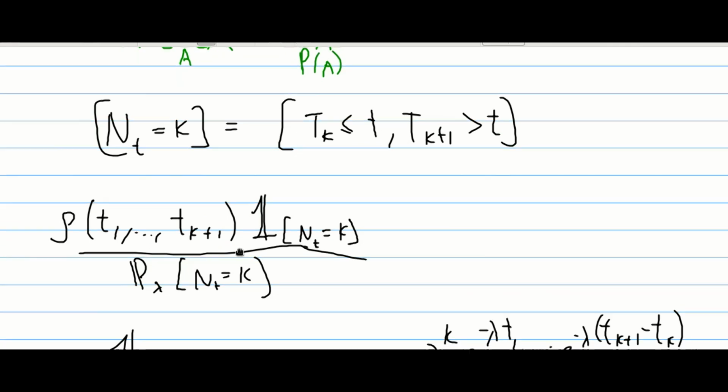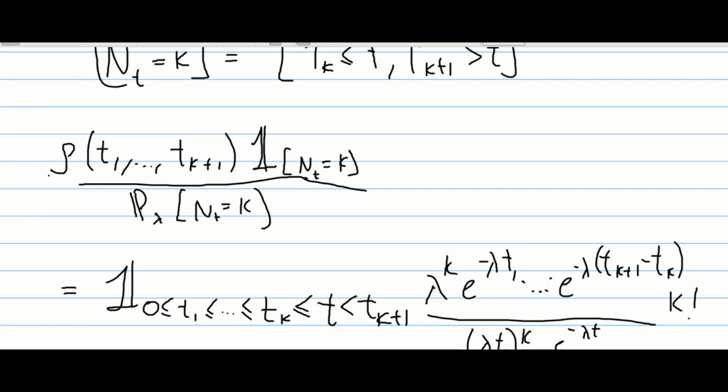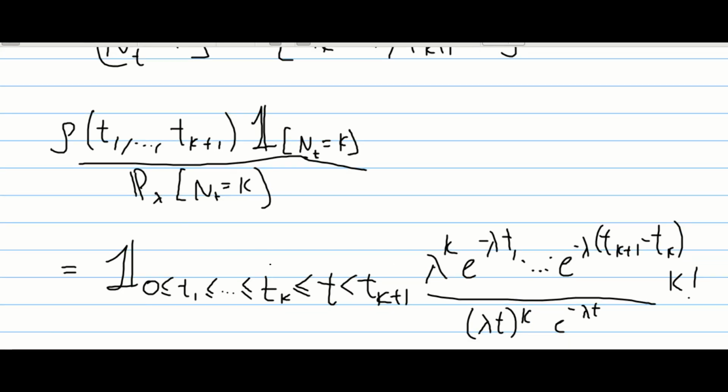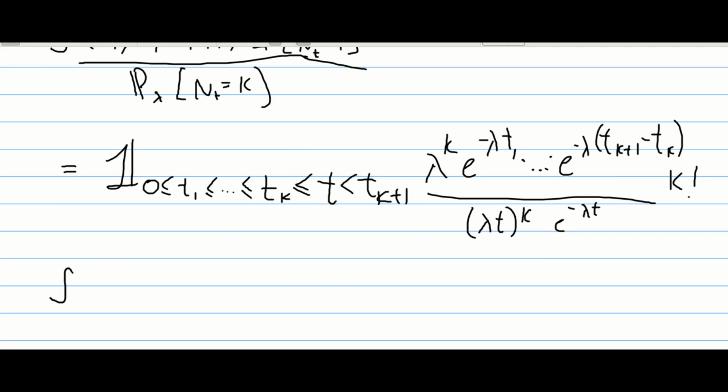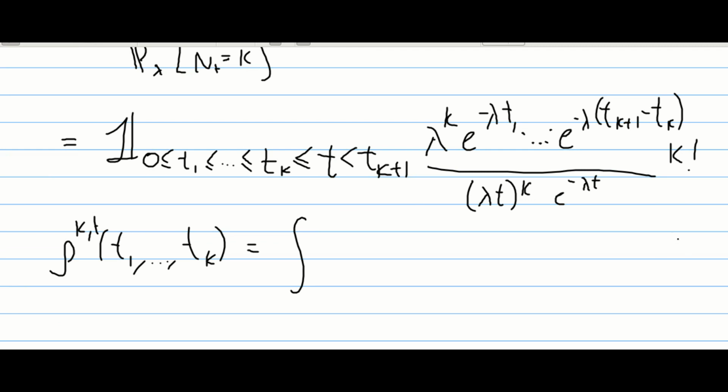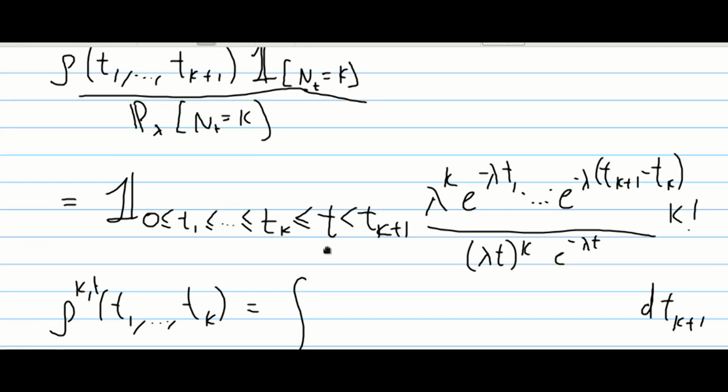Variables, but you see that I'm giving you the distribution with the t_{k+1} here, and we are not interested in t_{k+1}. We had to use it because it's part of the conditioning, but since we don't want it, we can just integrate it out. So the distribution of t_1 up to t_k conditioned on having k points until time t is the integral of the above with respect to t_{k+1}.